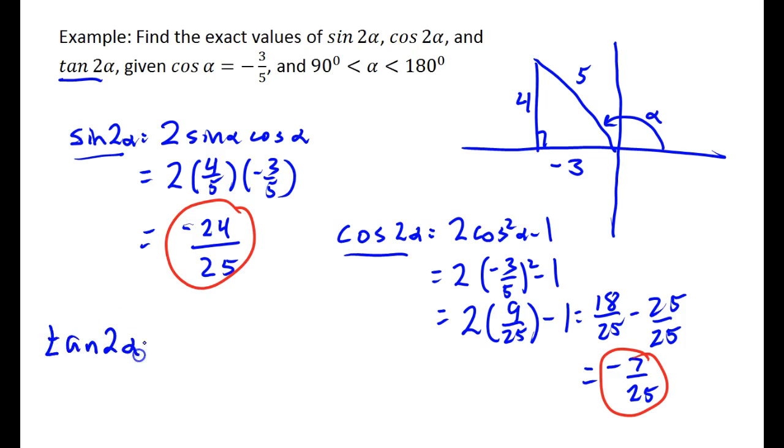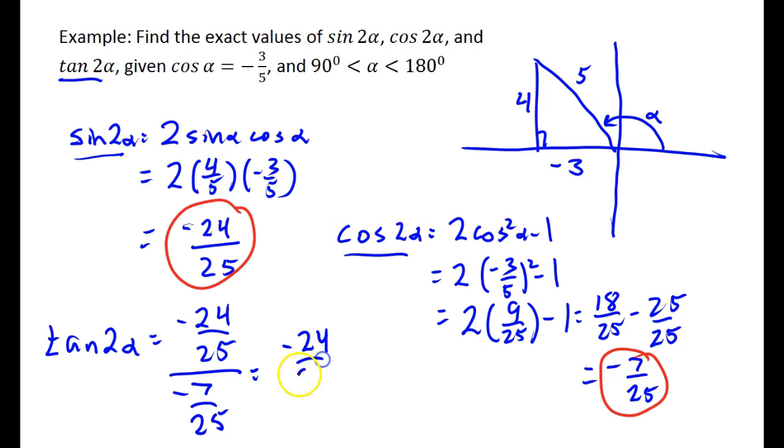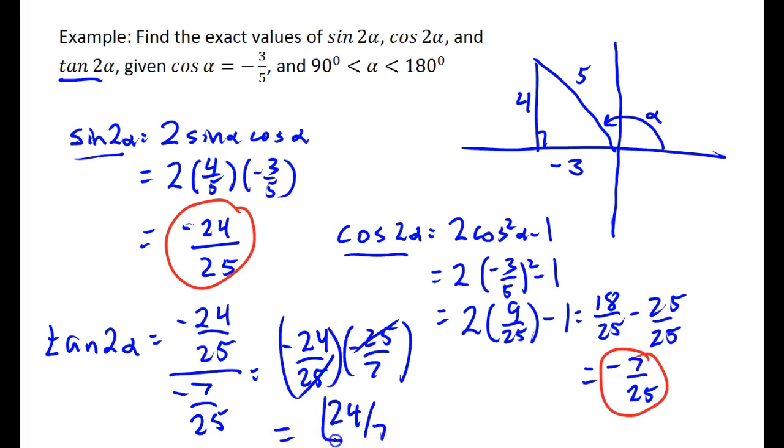So tangent of 2 alpha is sine of 2 alpha divided by cosine of 2 alpha. Flip the denominator and multiply. Negative 24/25 times negative 25 over 7. 25's cancel. Negative times a negative is a positive, and I get 24/7.